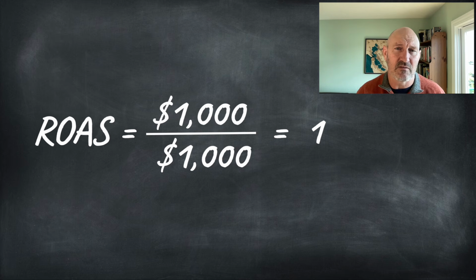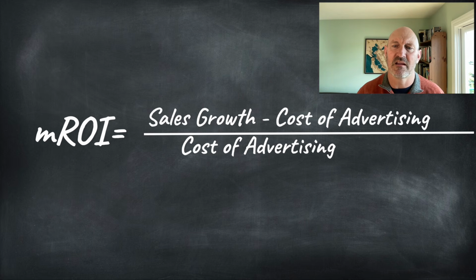So let's talk about a related term to iROAS, which is mROI, the marketing return on investment. It's extremely similar to ROAS, but we subtract out the marketing cost of advertising from revenue. It is simply the sales growth minus the advertising all over the advertising dollars.